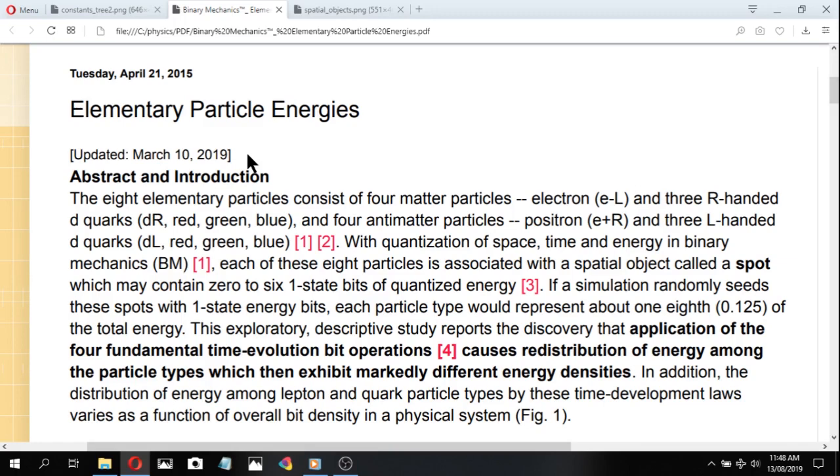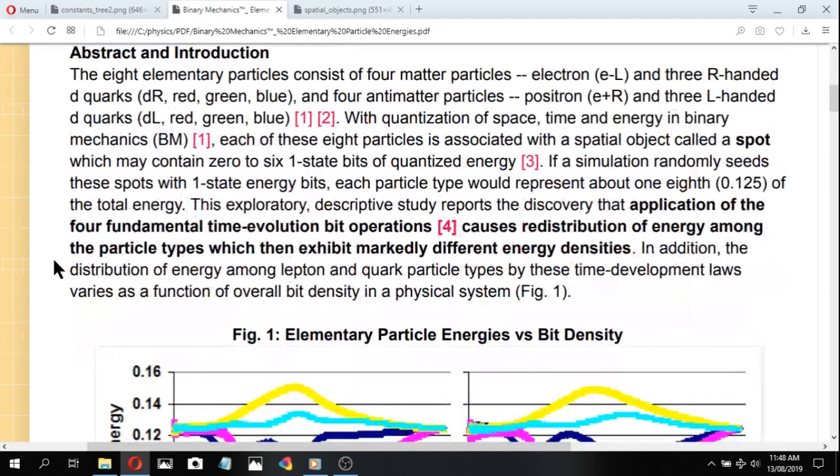In addition, the distribution of energy among lepton and quark particle types by these time development laws varies as a function of overall bit density in a physical system, as shown in Figure 1.